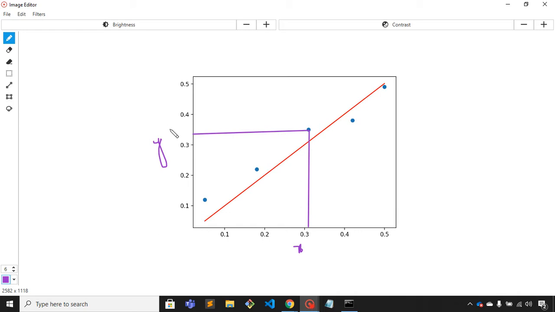Let's say I want the output for this point on the y-axis and this point on the x-axis. By seeing this graph, you will be able to predict the result. So this is the output. But what if I want the output for this other point on the y-axis and this point on the x-axis?